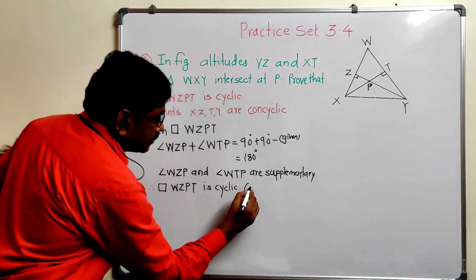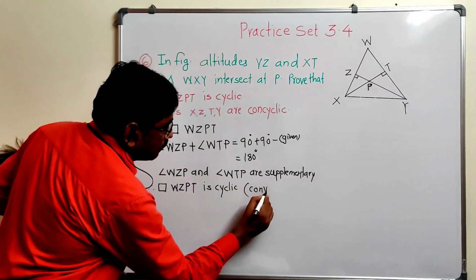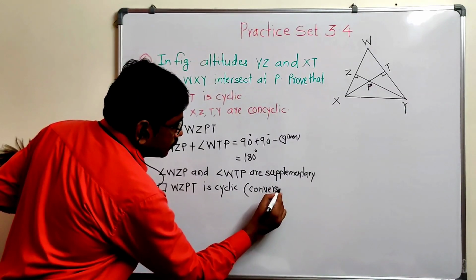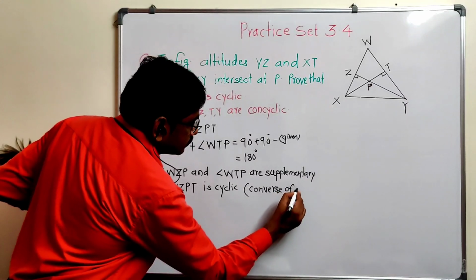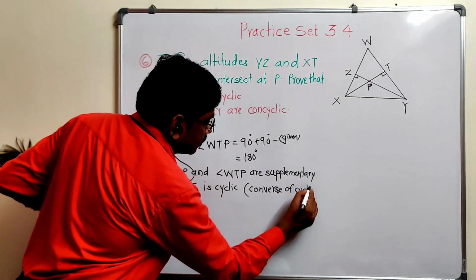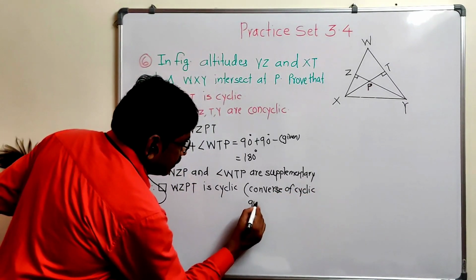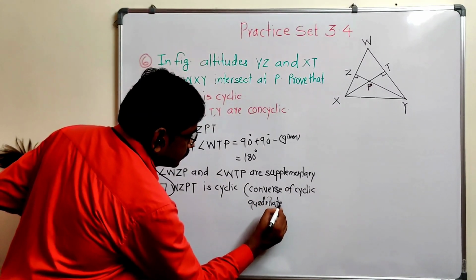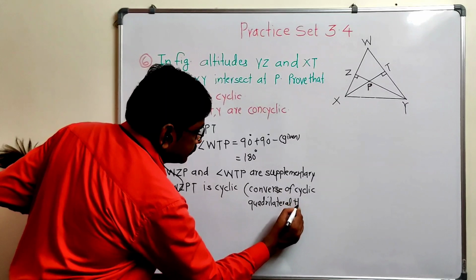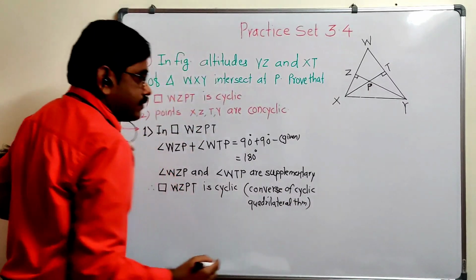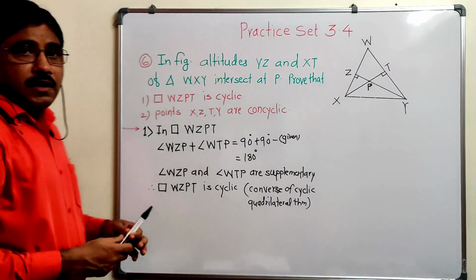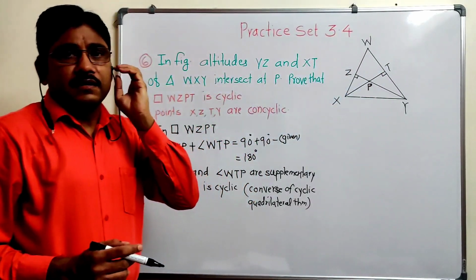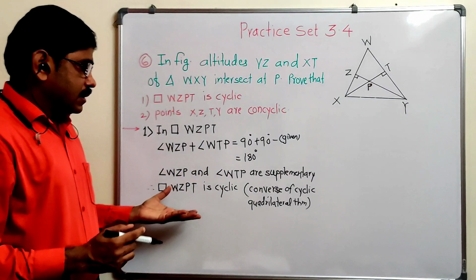Reason: converse of cyclic quadrilateral theorem. So by converse of cyclic quadrilateral theorem, we can prove one pair of opposite angles Z and T is supplementary, and therefore it is cyclic.